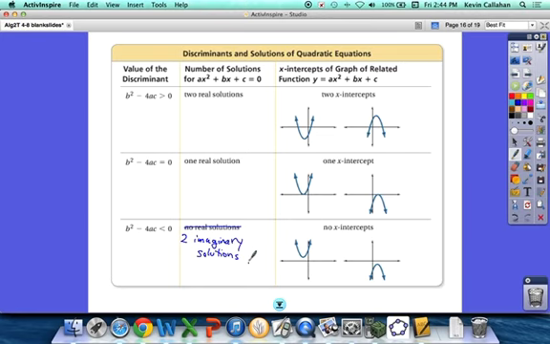Which the new textbook kind of changed, because last year they did imaginary numbers before the quadratic formula, so you never had to go back like that. But this new textbook, they've kind of changed the way they did it.